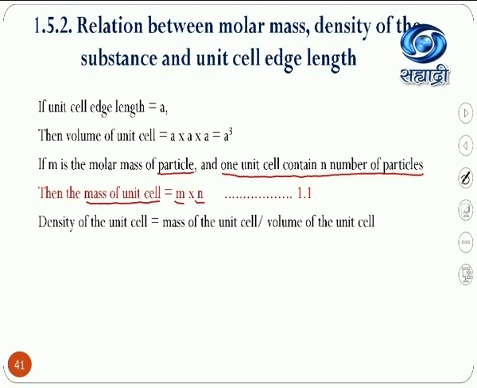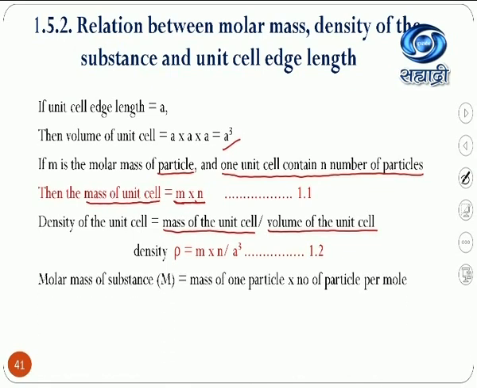If you multiply them, you will get the mass of the unit cell. Now, how will you find the density of the unit cell? Above, we determined the volume of the unit cell is a cube, and the mass of the unit cell is m into n. So the density formula is very simple: mass of unit cell upon volume of unit cell. If we substitute the values, density rho is equal to m into n by a cube.